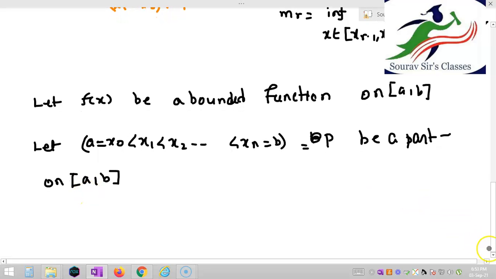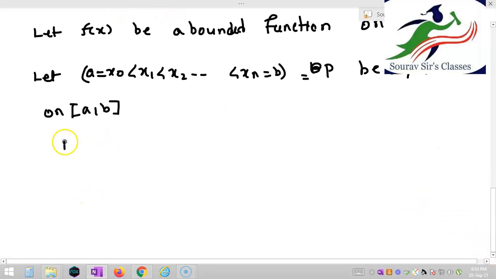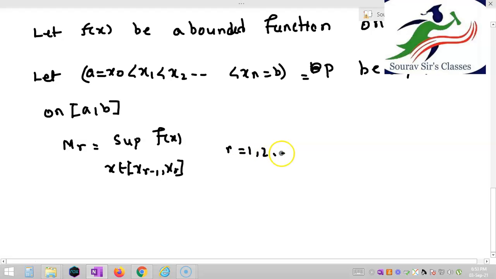And let capital Mr be equal to the supremum of f(x), x belongs to [x(r-1), xr], r equal to 1 up to n, and small mr be equal to the infimum of f(x), x belongs to [x(r-1), xr].